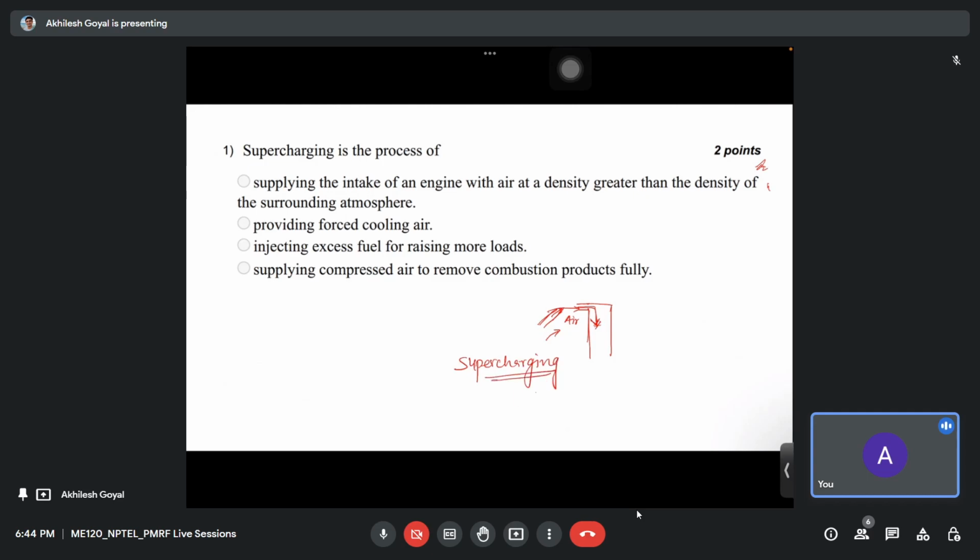Supercharging is basically to supply higher pressure and higher density air to the cylinder. And this high pressure and high density air can be achieved in two ways. One is through superchargers, and the second is turbochargers.